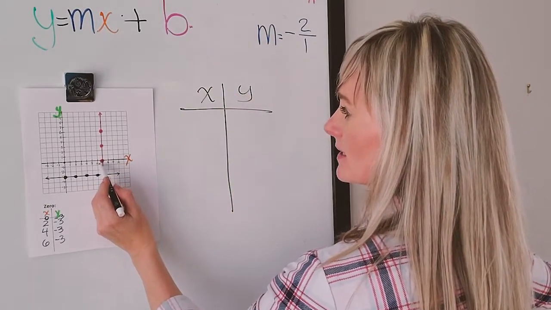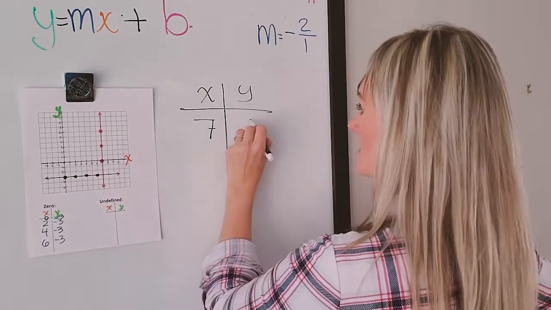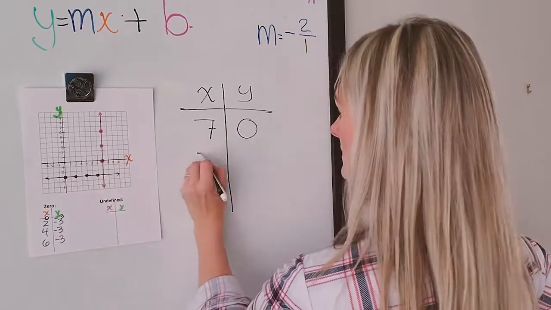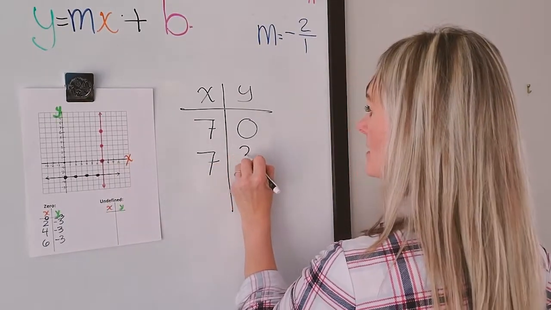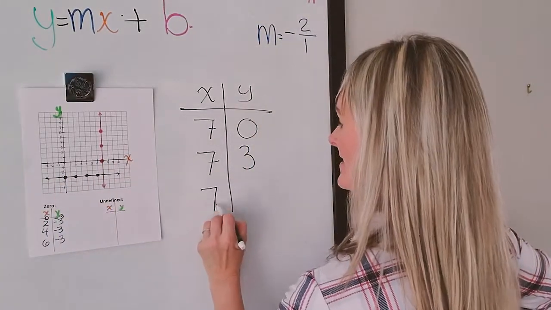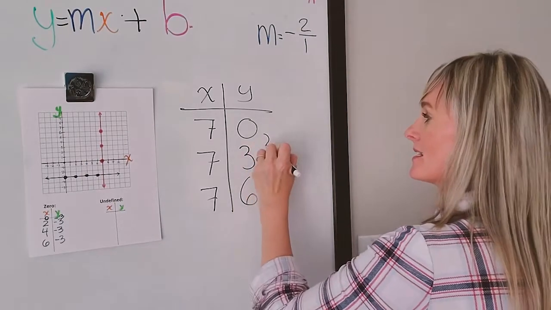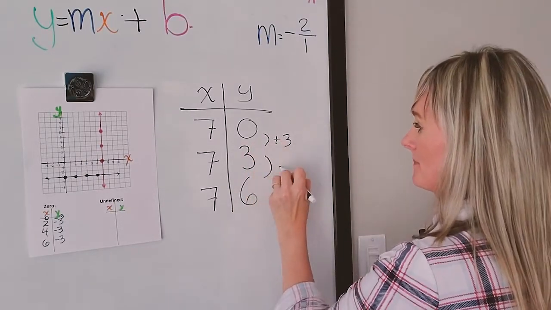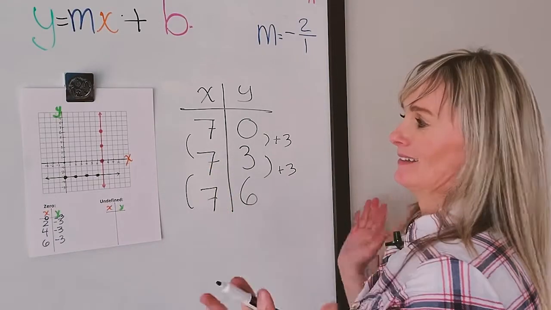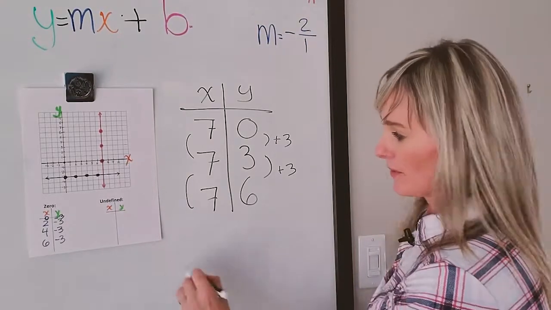X is 7 and Y is 0. Then we have X is 7 and Y is 3. Then we have X is, surprise, 7, and Y is 6. So what's happening here? This guy's going up by 3 each time. What's happening here? Nothing. There's nothing happening.